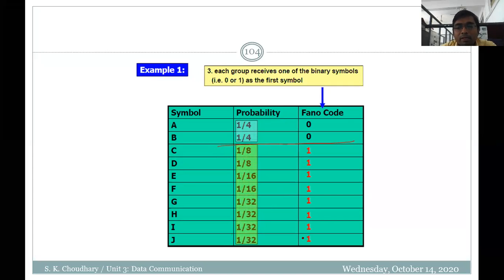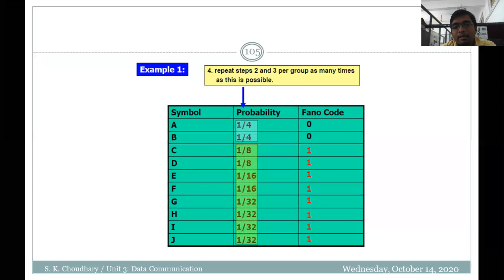Now what is the next step? Repeat steps number 2 and 3 for each group as many times as possible. So now there are two groups available, AB in one group and C to J in the other group.